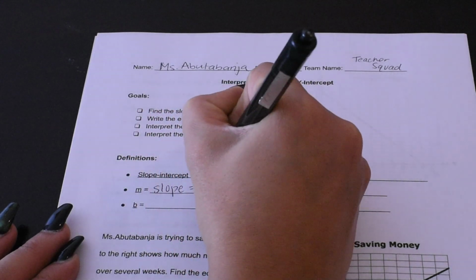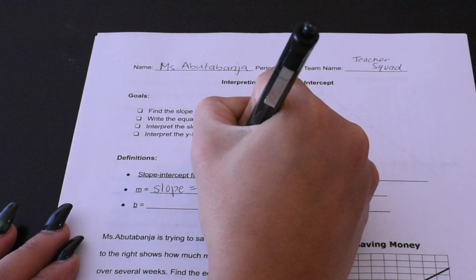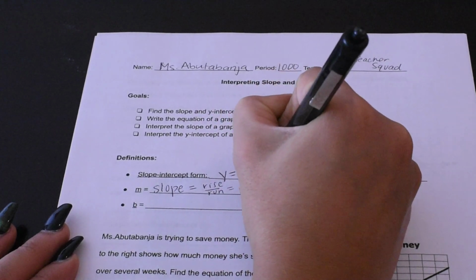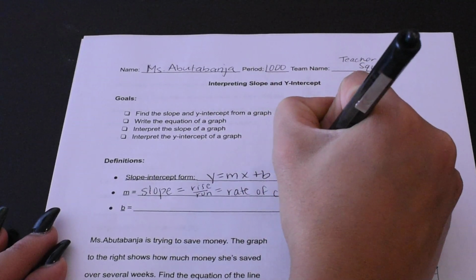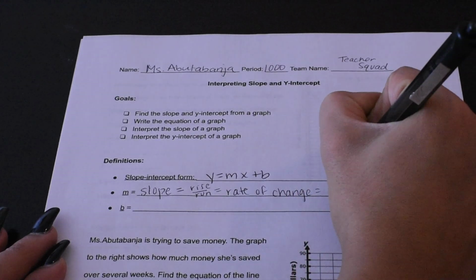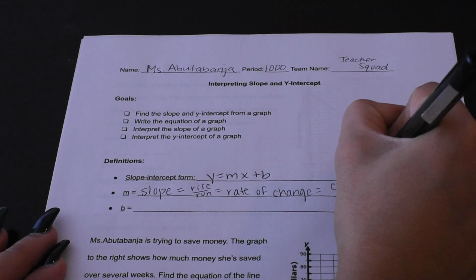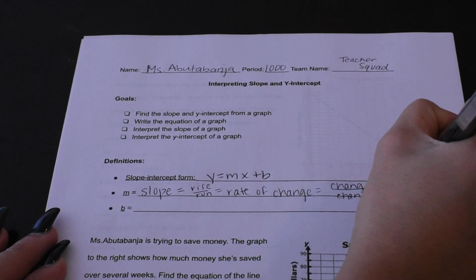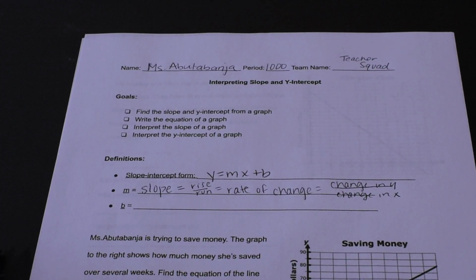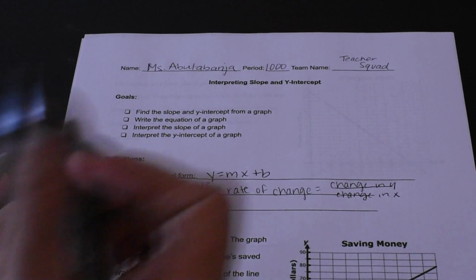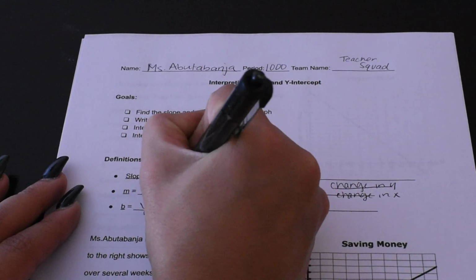And we know slope is rise over run, rate of change, and change in y over change in x. Y'all see that? Cool. My b is my y-intercept. That's what we're calling it.